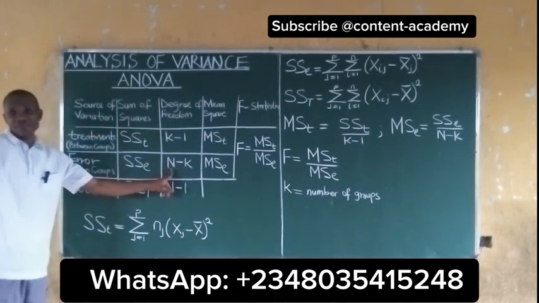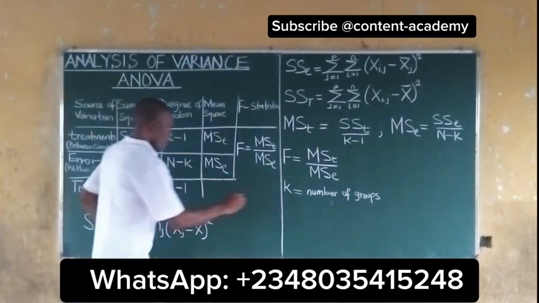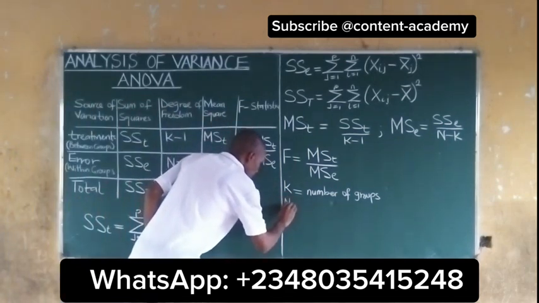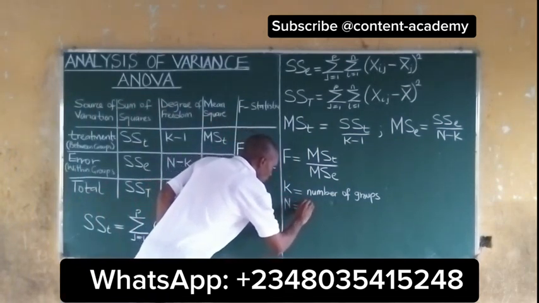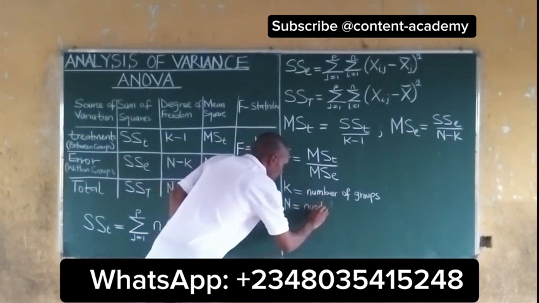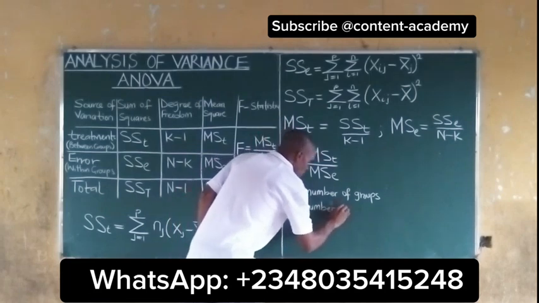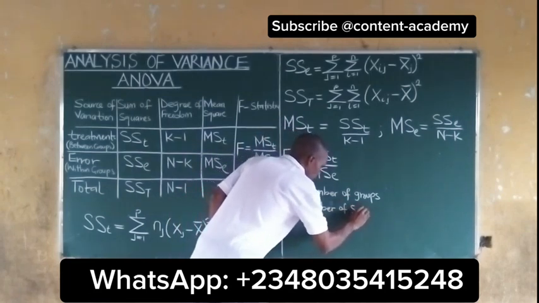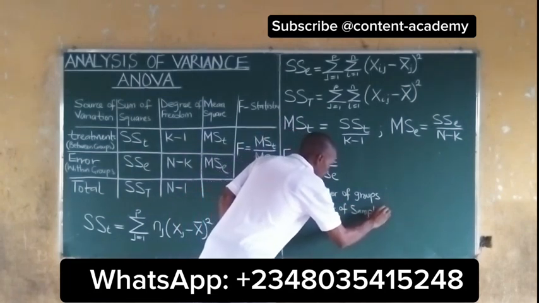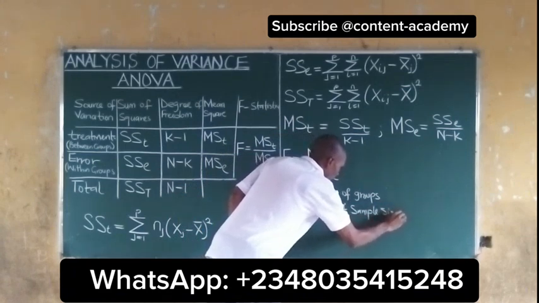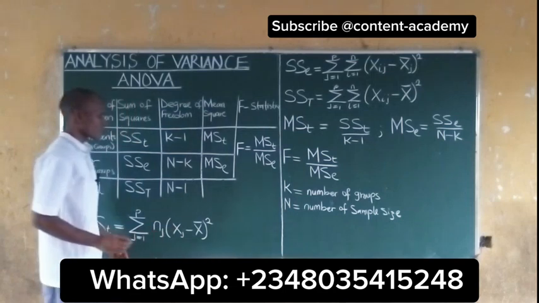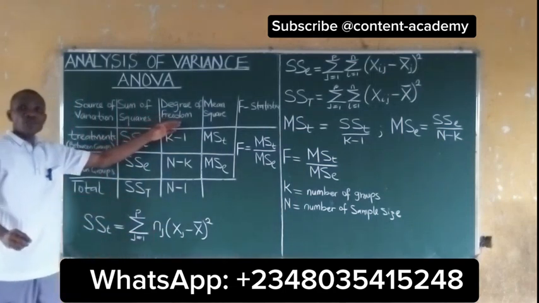And what is our n? Our n is equal to the number of sample size. Of course, this is one-way ANOVA.